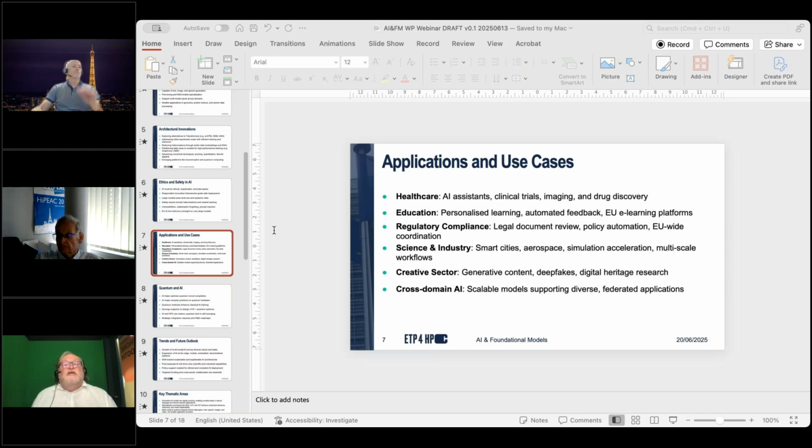In smart cities, traffic prediction, waste reduction, urban planning, and in regulation, compliance automation and contract analysis. In fact, the legal profession has been one of the early and major adopters of AI and foundation models. These applications really demand federated, explainable, and highly secure AI deployments.